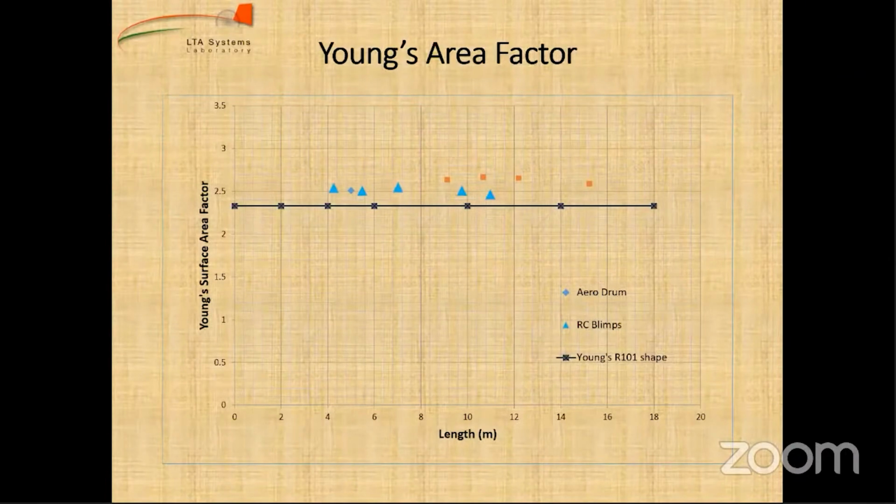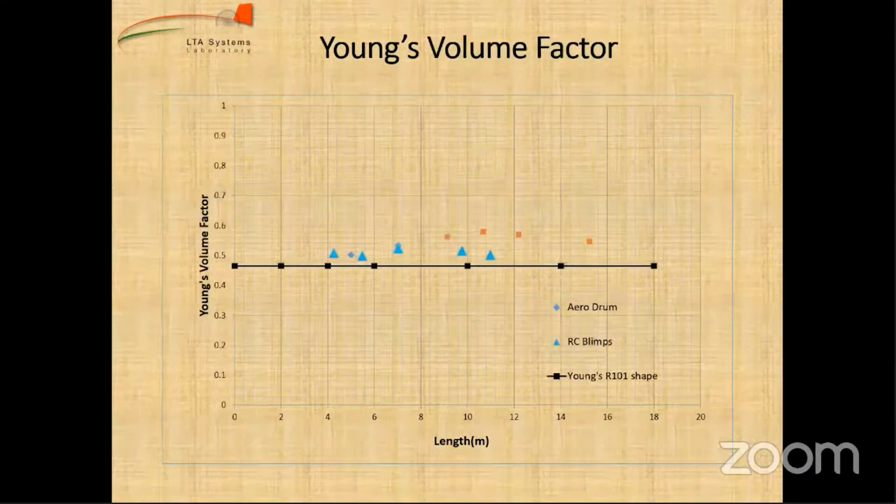Again, if you see the length is like 10 meter, 20 meter, and these are also for very huge airships. Same goes with this. Very huge airships again. So this is why we shouldn't bias our results towards what is already available, unless what is already available matches what we want to do. If you want to design a big airship, then you can see the results and comparative study for big airships.